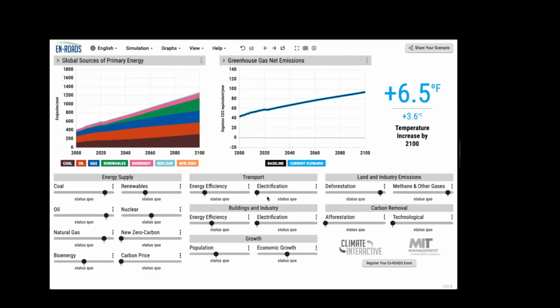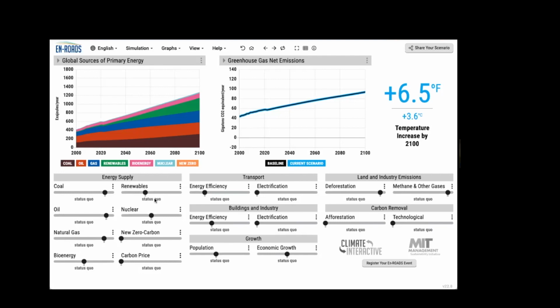And this is the model, as you can see, and it looks very similar to what Kathy was showing. And we have primary sources of energy and then greenhouse gases, net emissions. And then we start off at the path we are on, which is to heat up by 6.5 degrees Fahrenheit or 3.6 degrees C. So the challenge for us is to get down to 1.5 degrees C, which would be about 2.7 degrees Fahrenheit, or 2 degrees C, which is 3.6 degrees Fahrenheit.